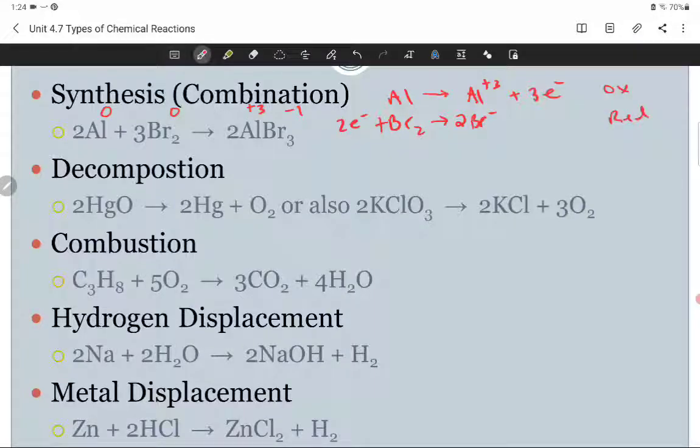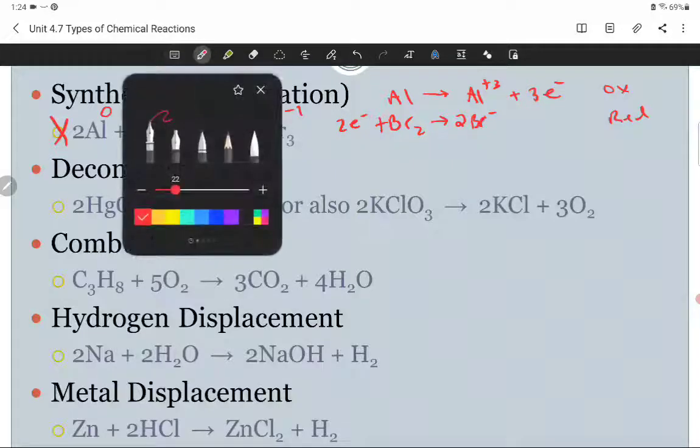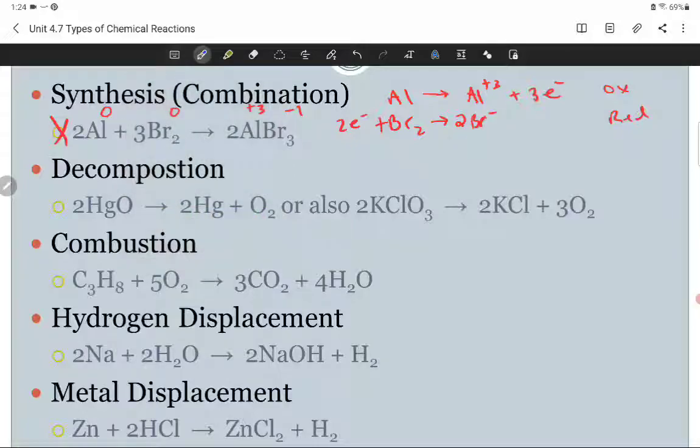So I said when you get to an overall reaction, you can't have any electrons. Something has to gain the electrons, something has to lose the electrons. Well, it turns out if we multiply this entire reaction times 2 and multiply this one by 3, I think we might be able to see how this works here. I'm going to rewrite this now with the times 2 or the times 3.